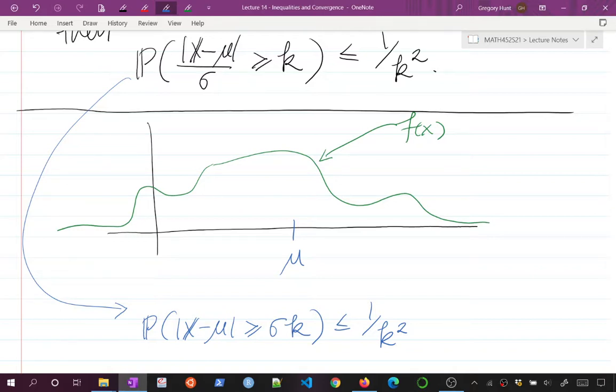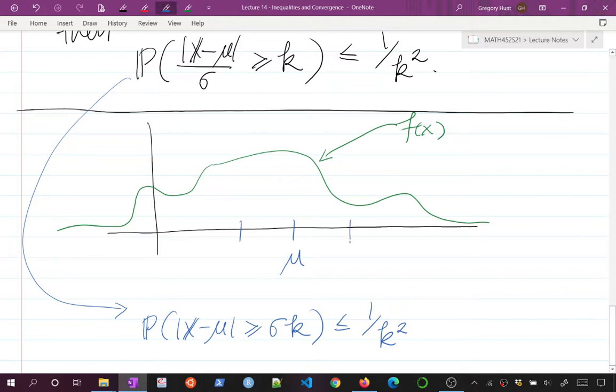And so, for example, our example is maybe 2. It doesn't really matter.